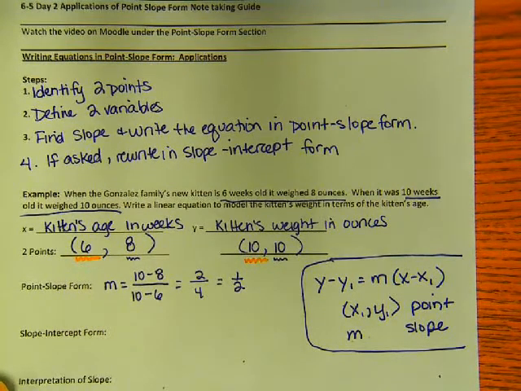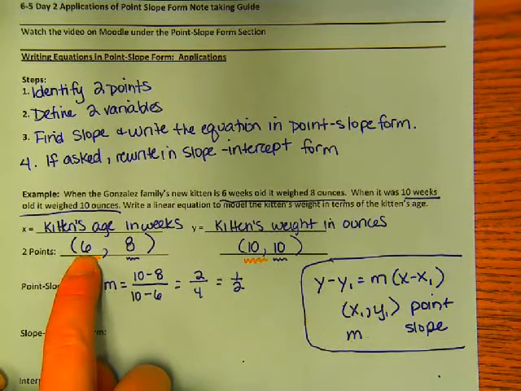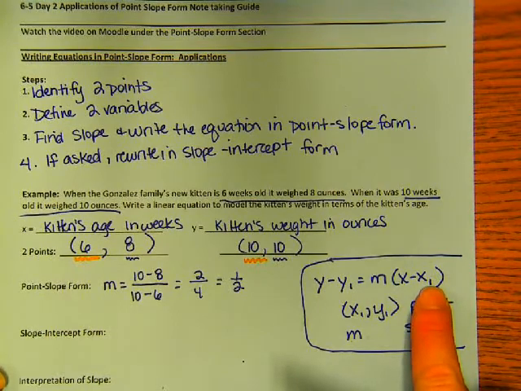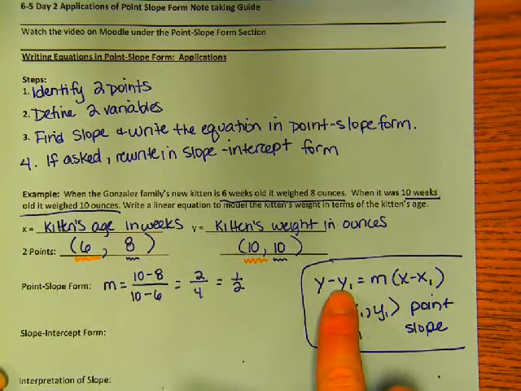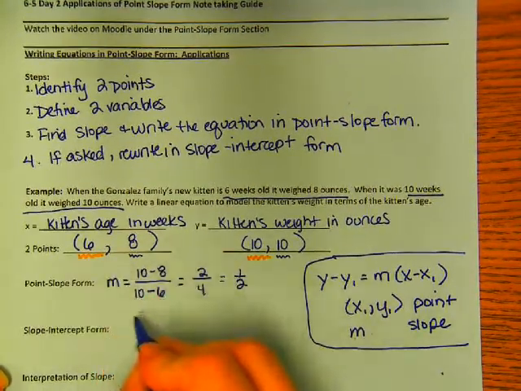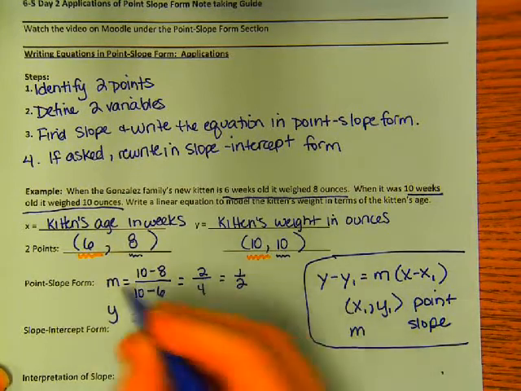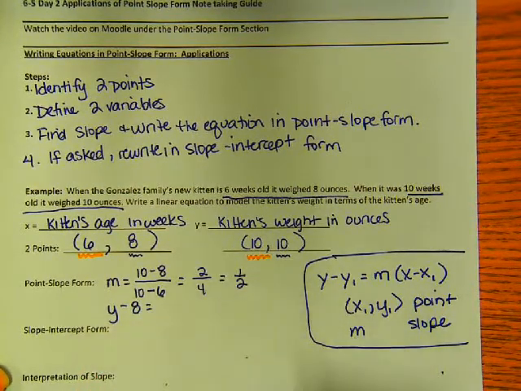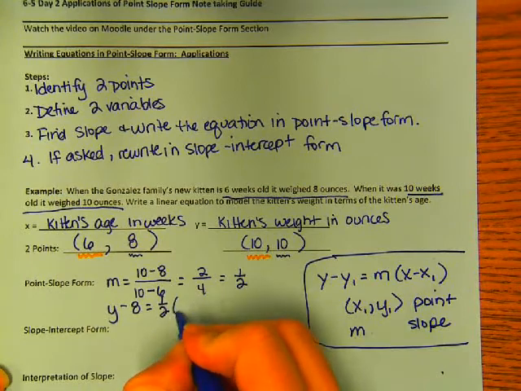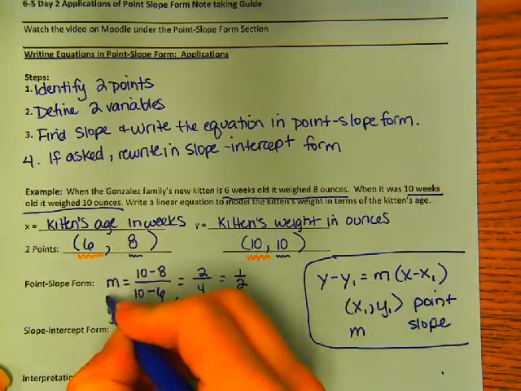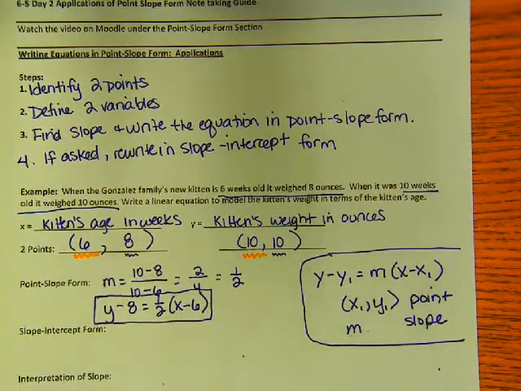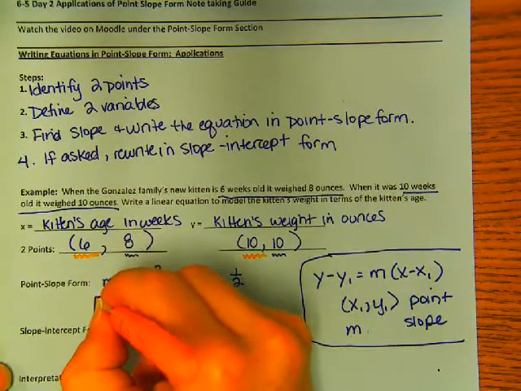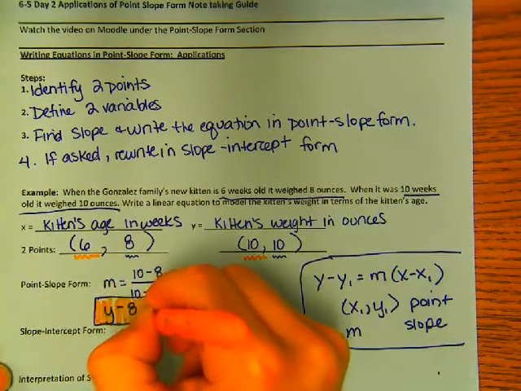I'm going to just choose the first point. Its x-coordinate is 6, so it will go into the formula for x sub 1. And the y-coordinate is 8, so it will go into the formula for y sub 1. So then I have y minus 8 equals 1/2 times (x minus 6). And I'm going to box that because that is my equation in point slope form, which is what I was asking you to do in this first part.